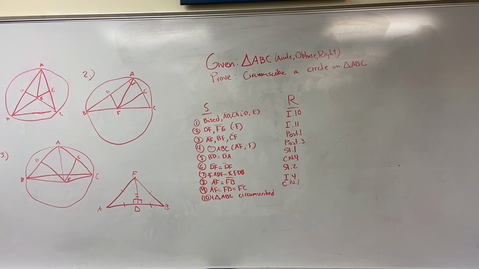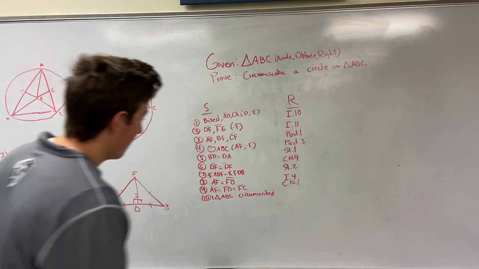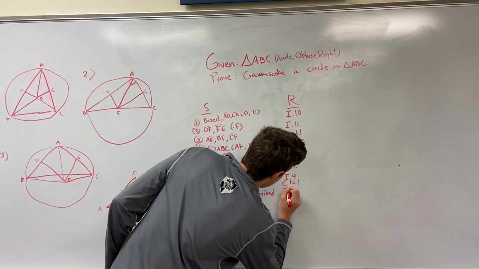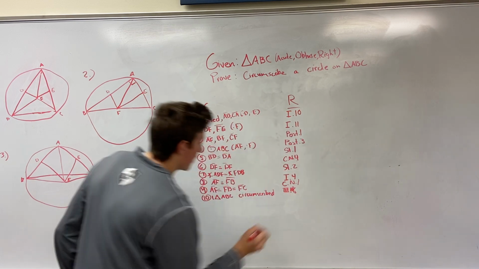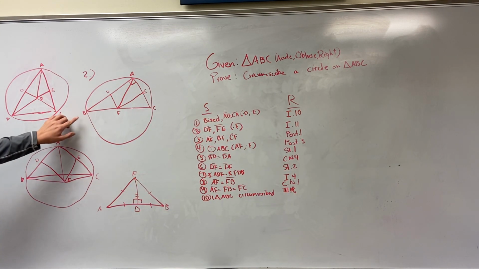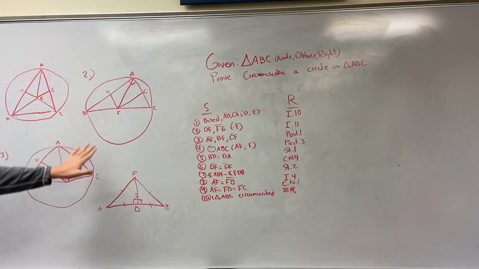Let me find that very quickly. Which is book 4, definition 6. Okay, next one we're going to do is the right triangle, which is even easier.